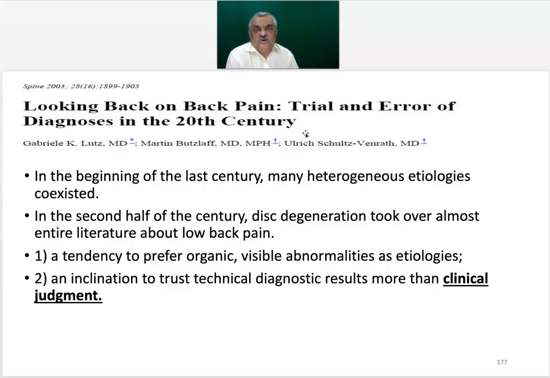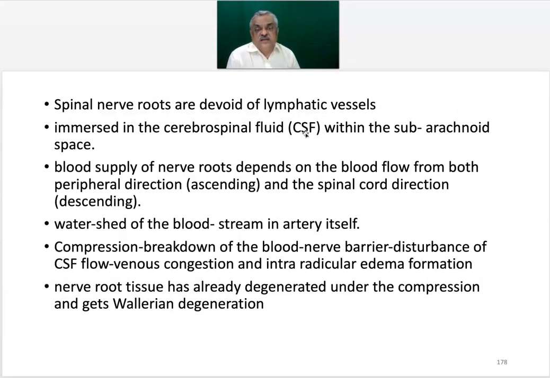And there was an over-dominance of the disc as a cause of everything, or the ligamentum flavum in the posterior midline as a cause of claudication. It was very simple. Front, the disc; back, the ligament.